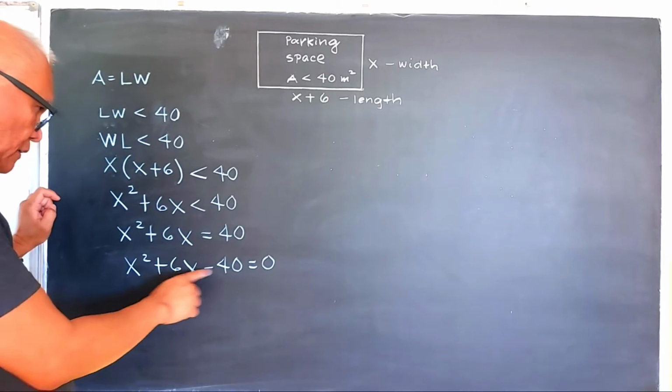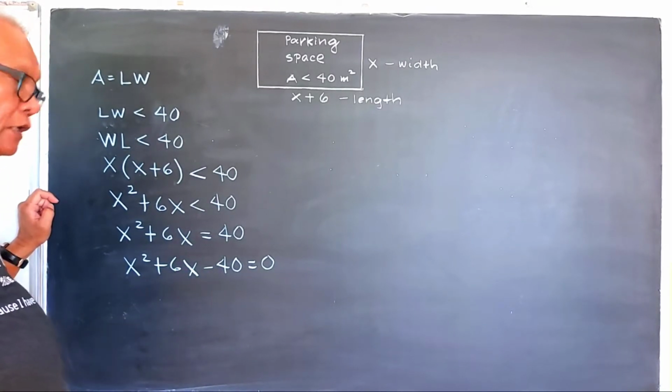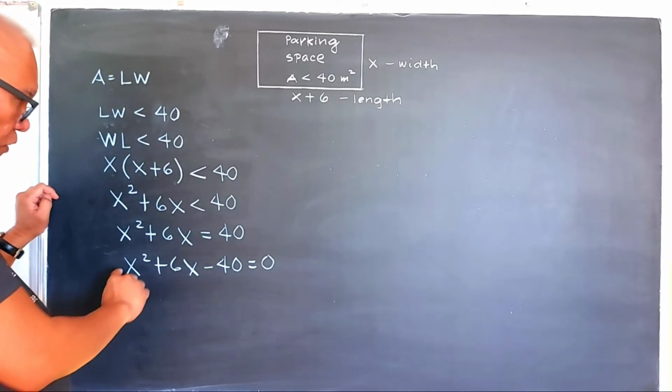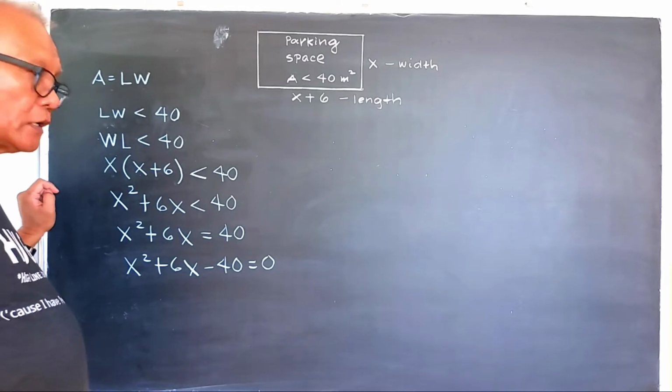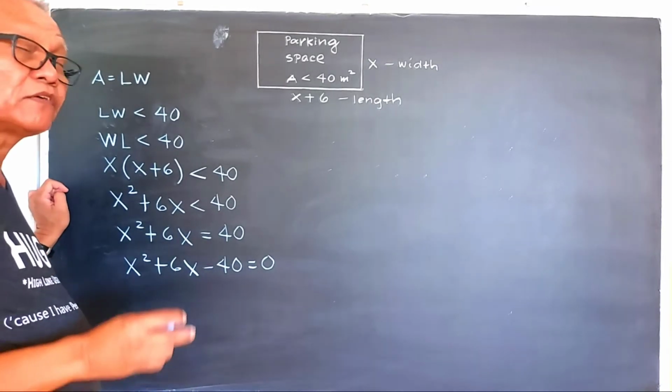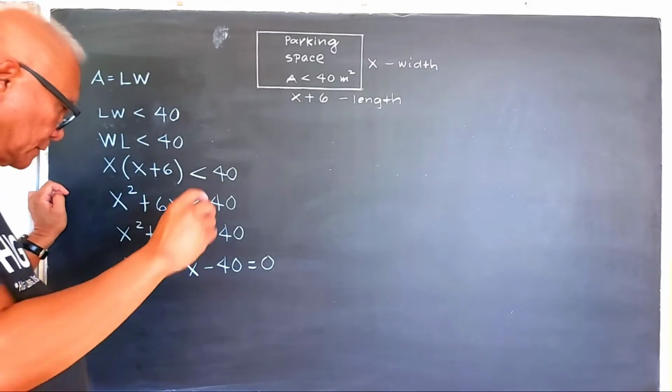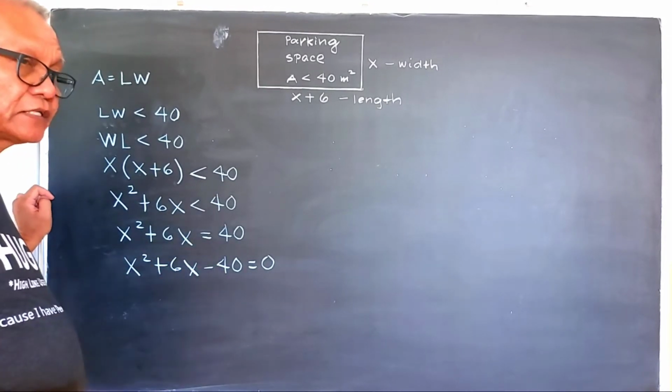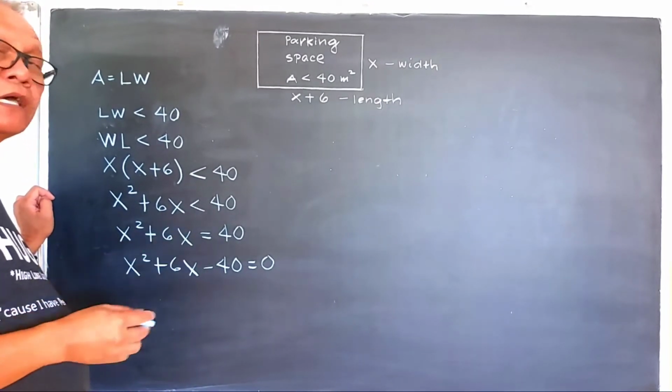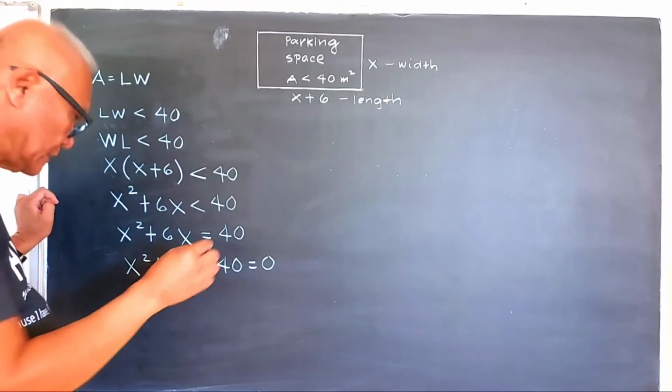Now this is a quadratic equation already, and we have four methods on how to solve quadratic equations. But if you can solve that one by factoring, we use factoring, if that one is exact. If that one is not exact, we use the quadratic formula.